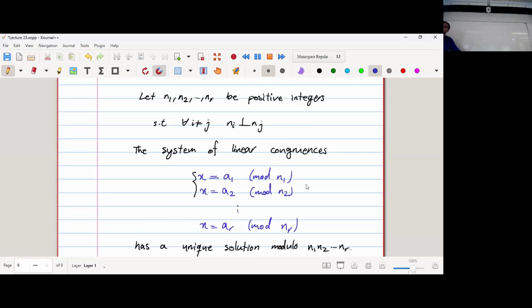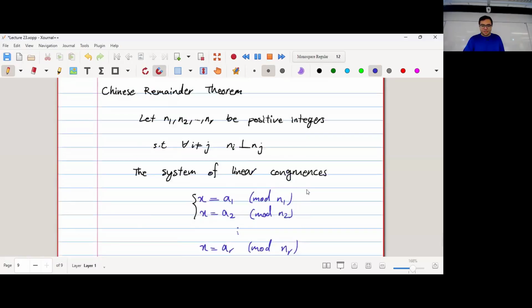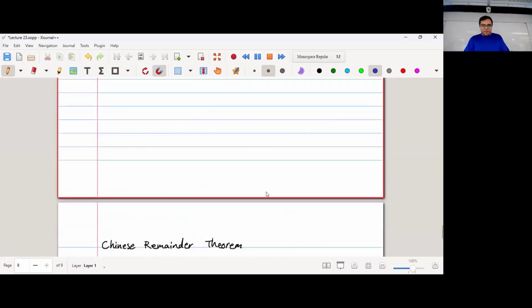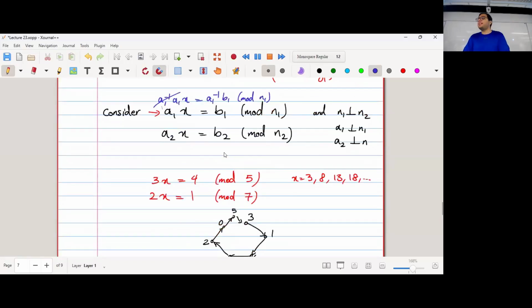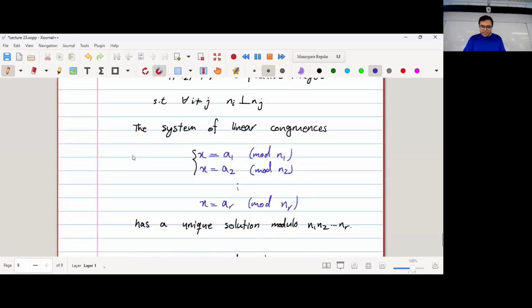So I keep doing this. I keep removing one equality at a time until I have two equalities, and I can just apply the base case. So this is just applying inductive reasoning to this theorem. Or to be more specific, I'm doing infinite descent here. I'm reducing the number of equalities by one in every step. So it has to eventually end.